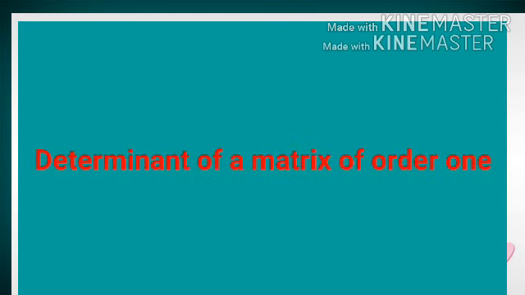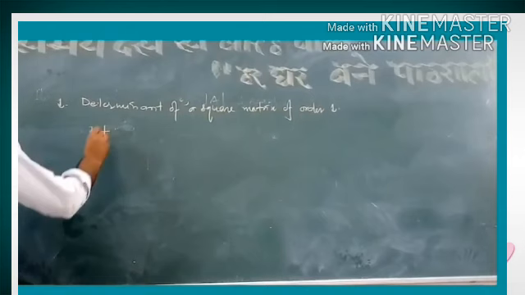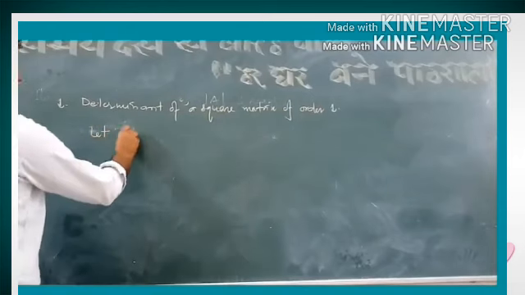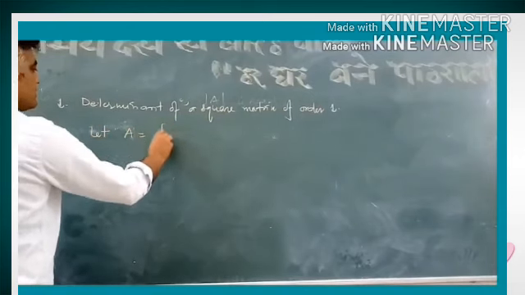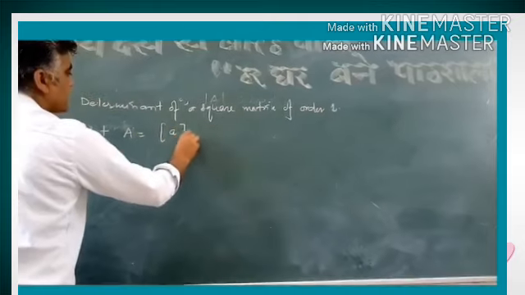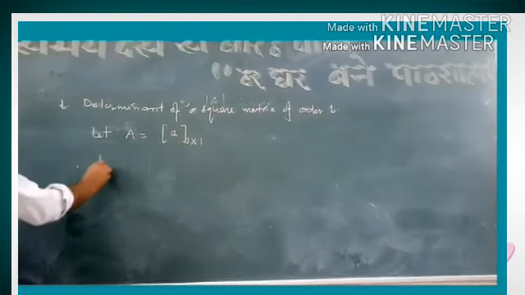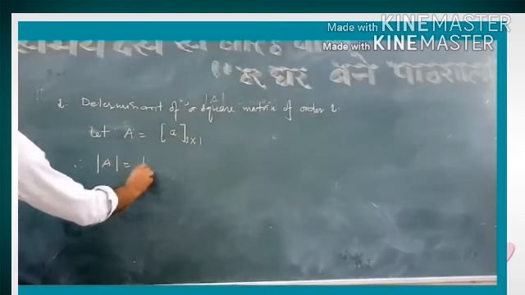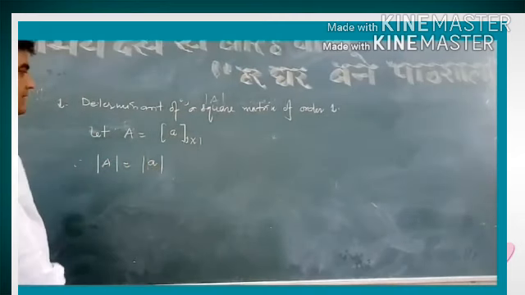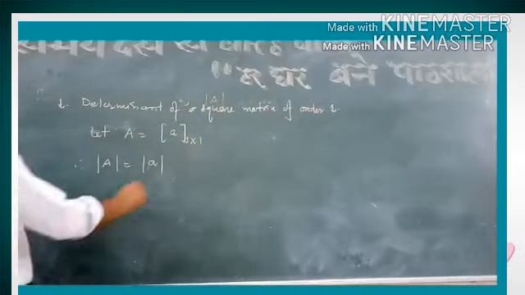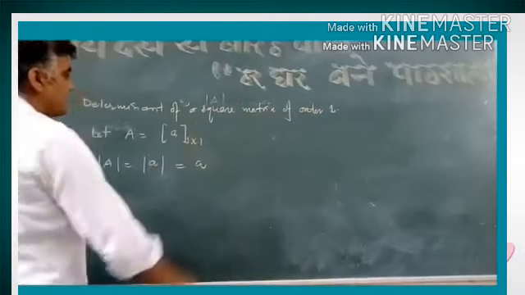Now we will find the value of the determinant of a matrix of order 1. Let us take an example of a square matrix having order 1. Let A is equal to [a], which is a square matrix of order 1 into 1. Therefore, determinant of A is equal to determinant of element a, and this is equal to a again.